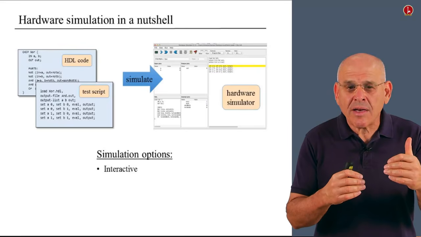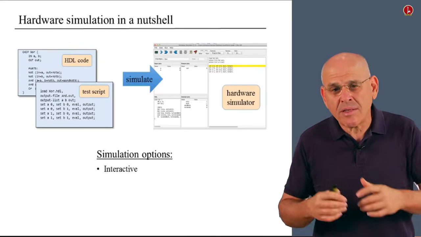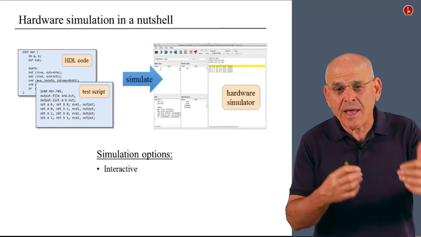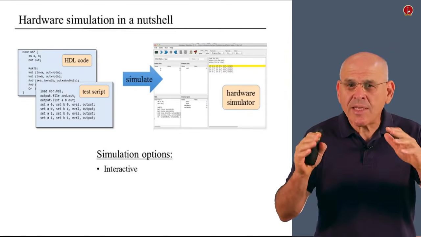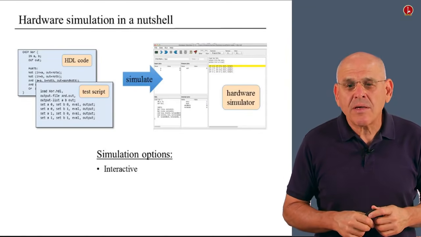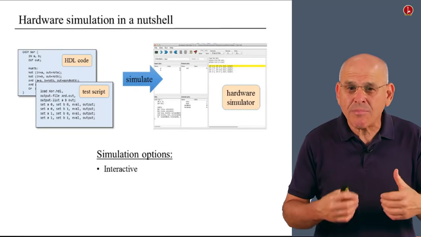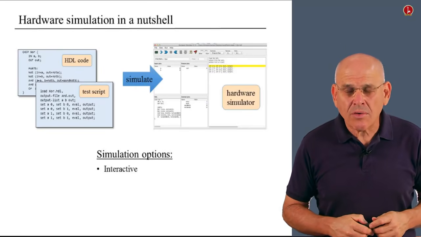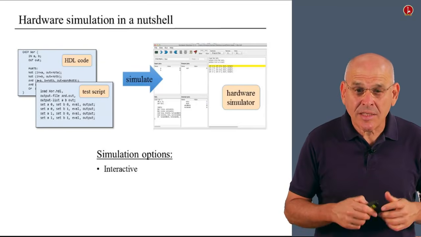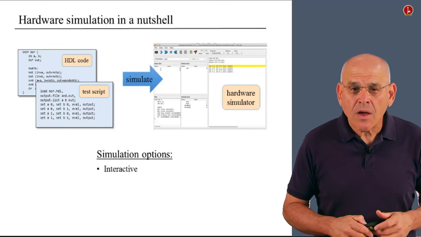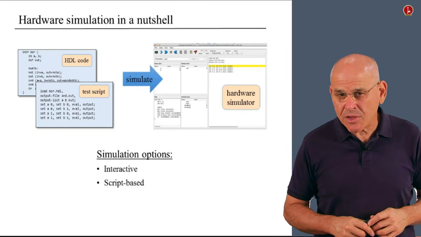We write it in what is called a test script, and then we load into the simulator two separate files. We load the HDL code, we load the test script, and then we send the simulator to work. The simulator goes through every step in the test script and subjects the HDL code to the specified tests in this supplied script. We call this mode of operation script-based simulation.